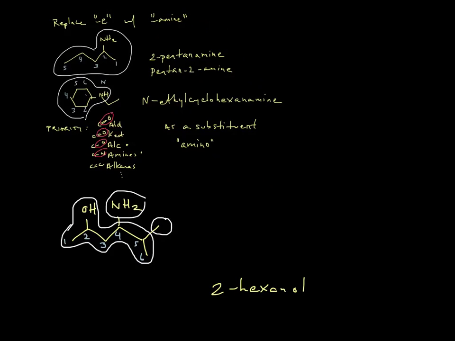So that's my main chain, and my substituents would be a 4-amino and a 5-methyl. And I'll put those in alphabetical order. Amino would come first, so 4-amino, 5-methyl, 2-hexanol would be the name of that molecule.